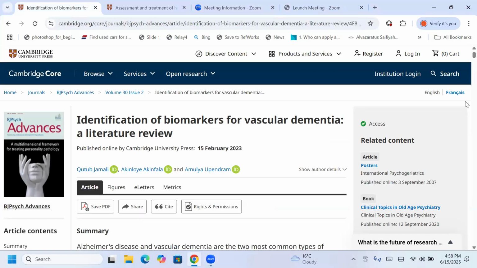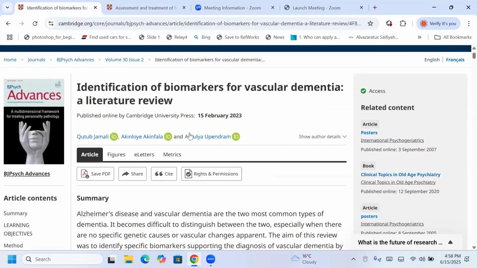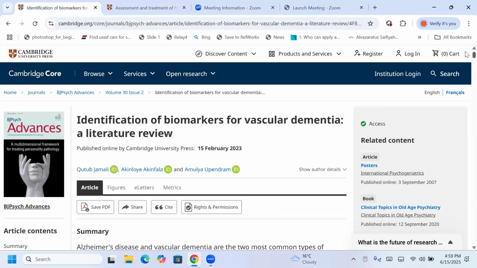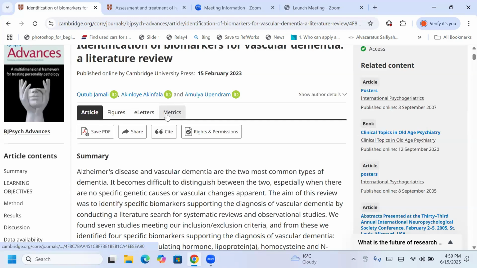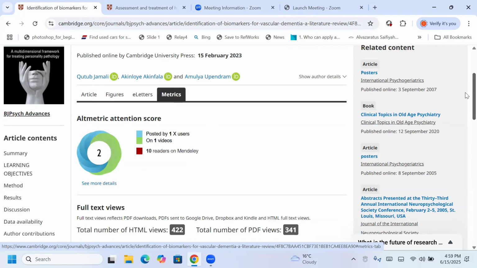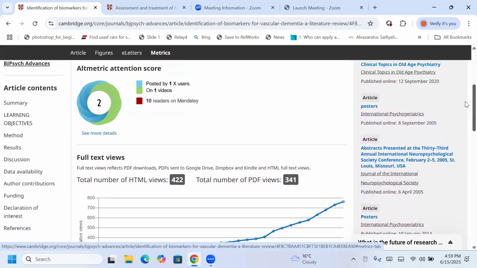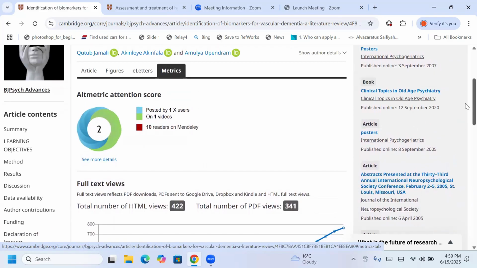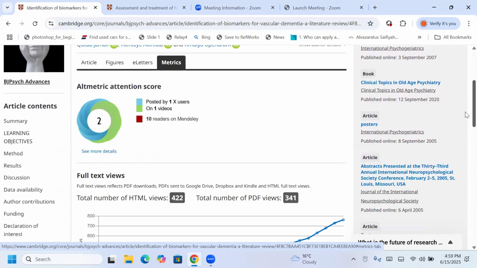I will share this article. This was published in 2023 of mine. So usually what happens is, like any article is published, you get an option of metrics. You click on it, and that's where you get, in this journal, they show the altmetric score, attention score.